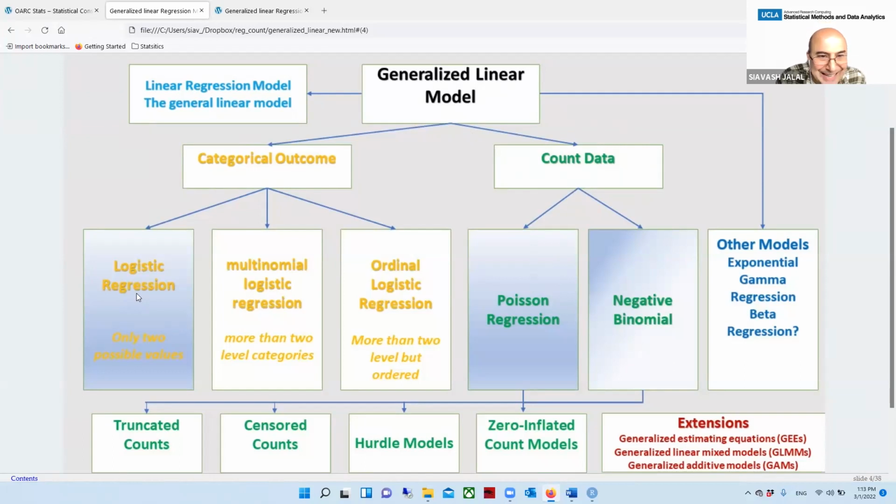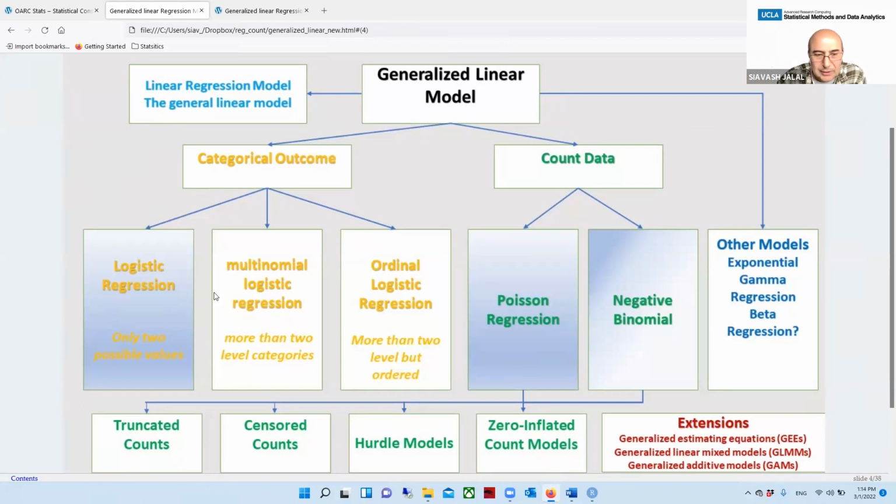So in categorical outcome, let's start here. A categorical outcome could be 0 and 1, or only two possible outcomes, such as male, female, admit, not admit, win, lose, or everything that has two possible outcomes. All of these possible outcomes, you can always use 0, 1 to represent them.